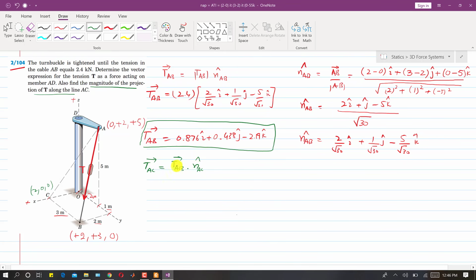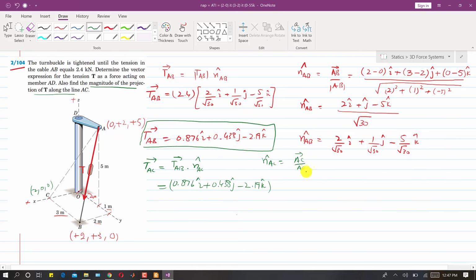If we take the dot product between these two, we will get the magnitude of the projection of TAB along AC, right? So TAB is equal to this, so I can write 0.876i plus 0.438j minus 2.19k, right? And this will be dotted with NAC.